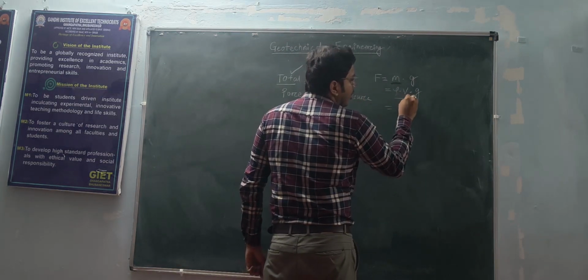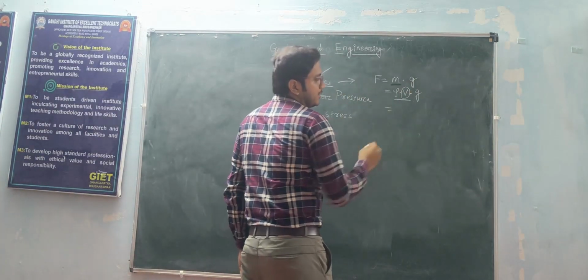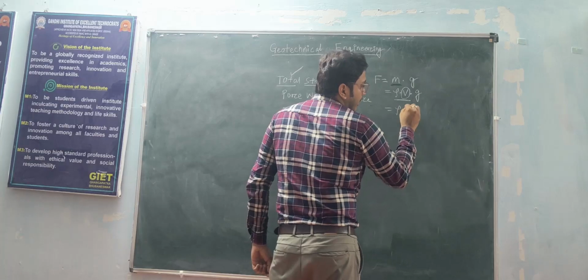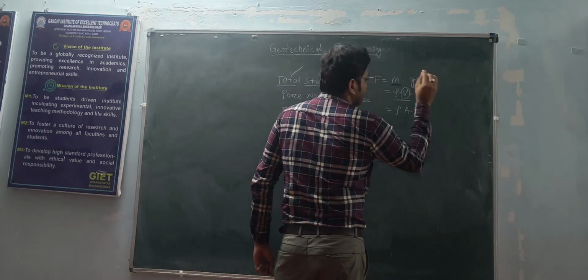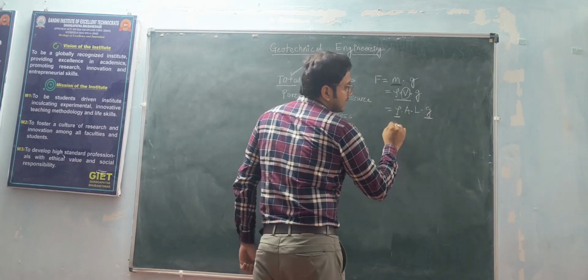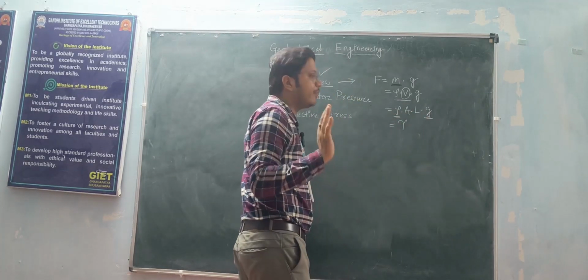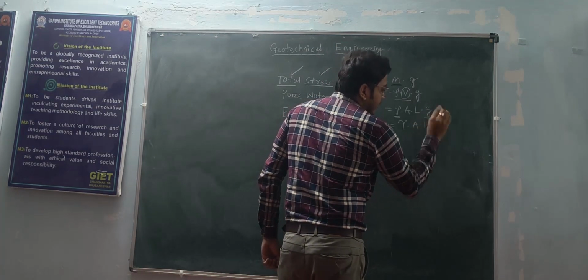After that, in rho V, we will break the V part, that is rho into area into length, into g. Then rho into g is commonly known as gamma, that is the unit weight of soil, then into area into length.